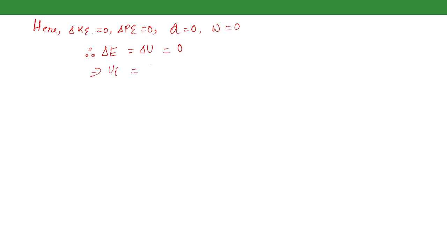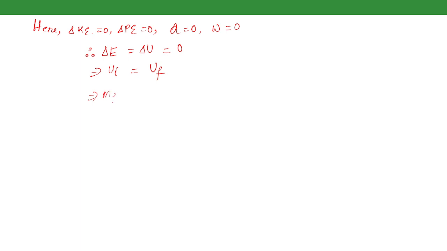So here the change in the kinetic energy is 0, the change in the potential energy is 0, there is no heat transferred to the system, and there is no work done by the system. So what will the first law give? The change in the total energy, which is the change in the internal energy, will be equal to 0. That is, the initial internal energy of the system will be equal to the final internal energy of the system.